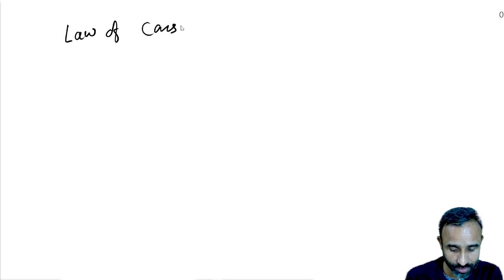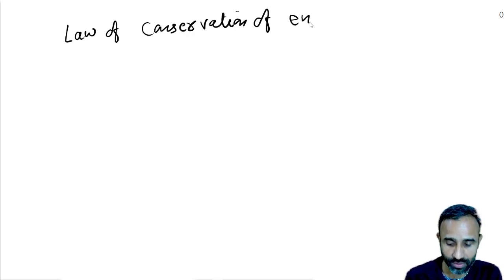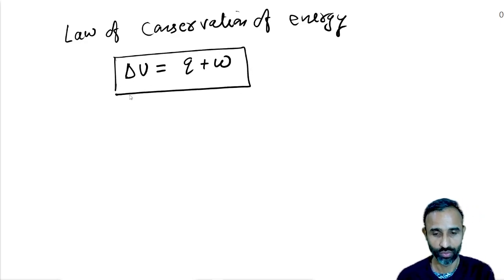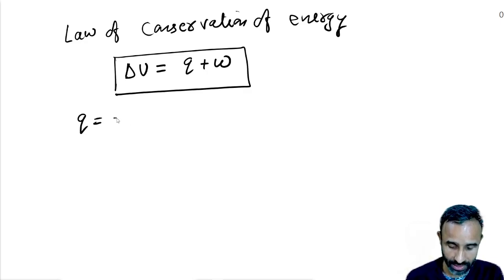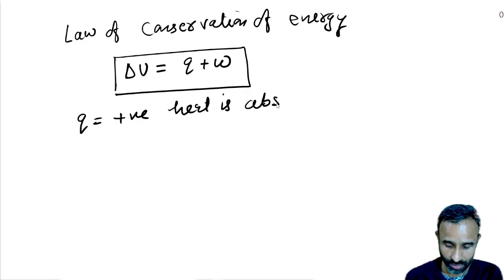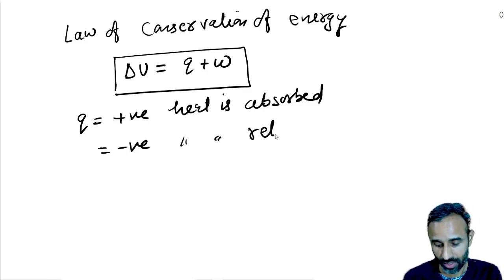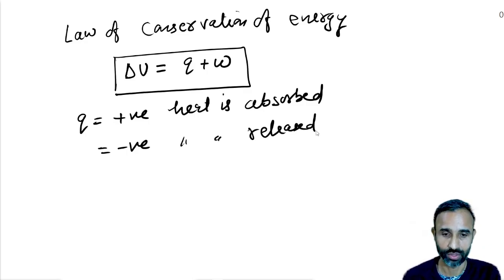It is just the law of conservation of energy, and the mathematical form is delta U equal to Q plus W. Q, if it is positive, means heat is absorbed, and if it is negative, heat is released by the system.